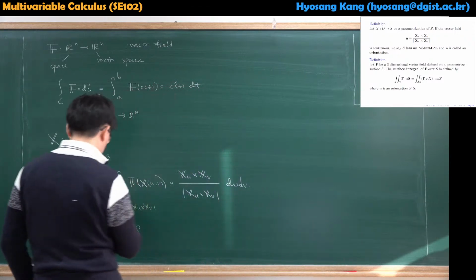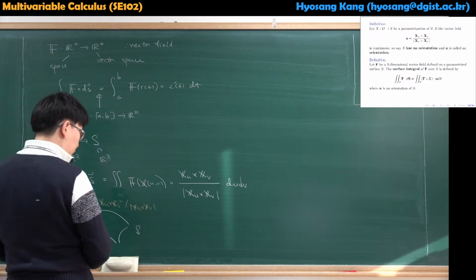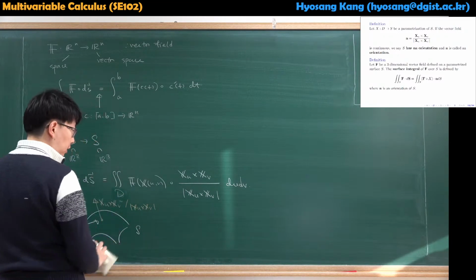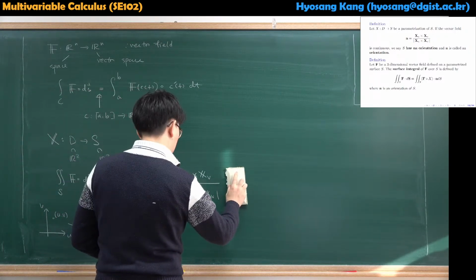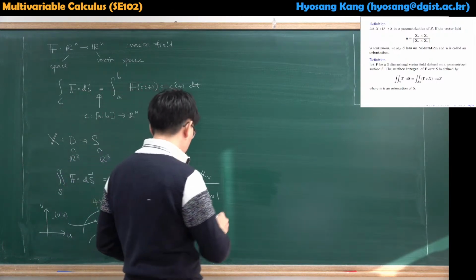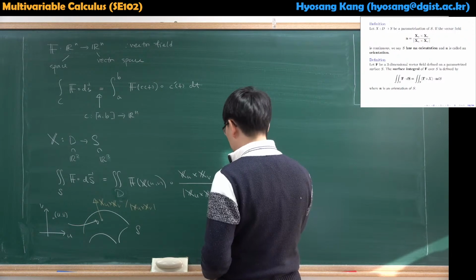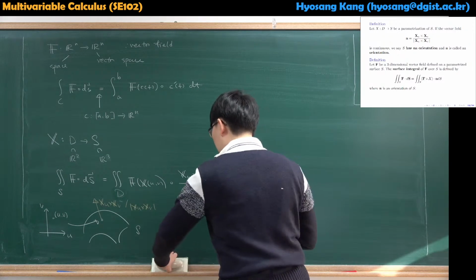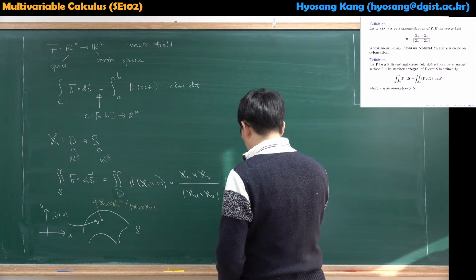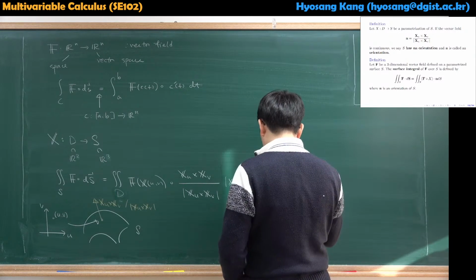So let's say, if you really want this, then okay, so let's say we have xu cross xv du dv.